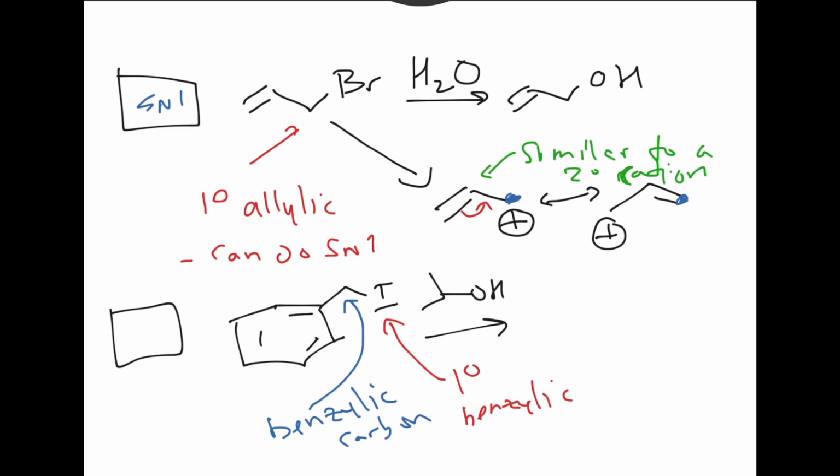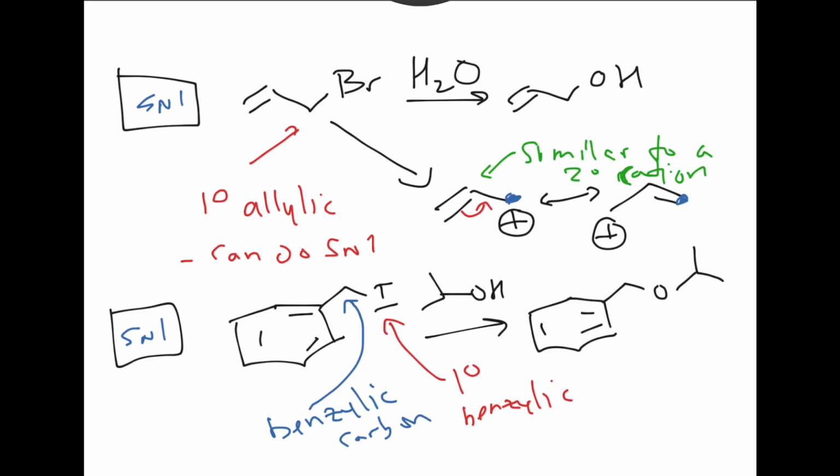So when it makes a carbocation, that carbocation is more stable than if it were just a primary halide without being beside an aromatic ring. So this can do an SN1 reaction. All right, you're adding an alcohol, so you always make an ether.